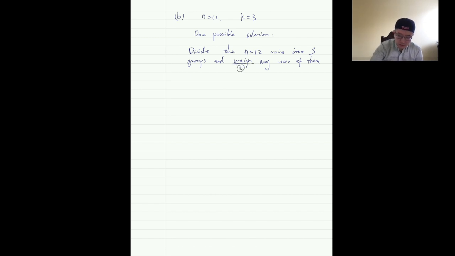Okay, so now we have the first weighing, right? And in this case, in total we have 3 cases on the balance, right? The first case is they're balanced, right? The second possibility is that left is heavier. And the third case is that right is heavier, right?